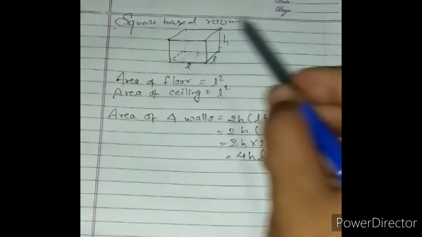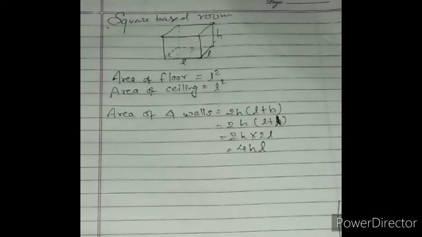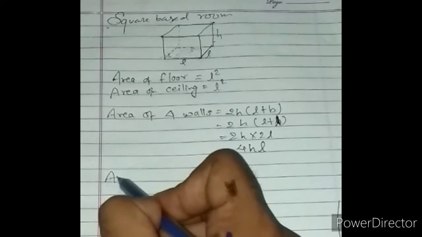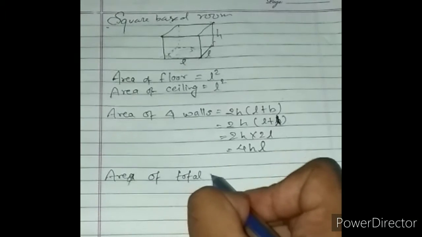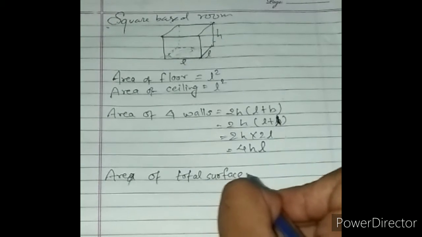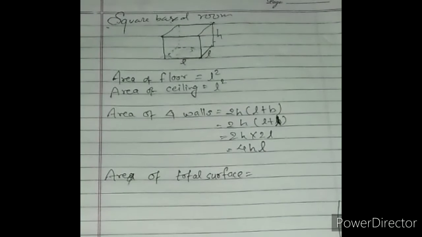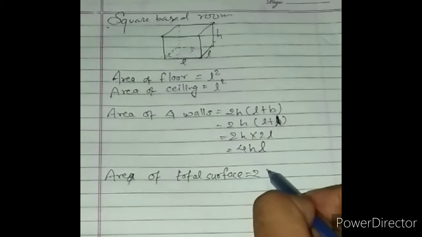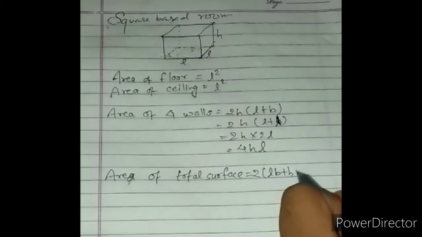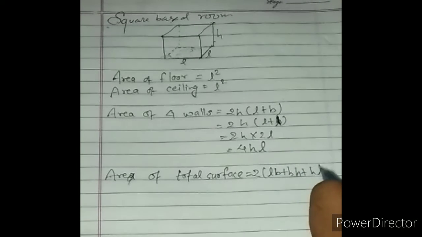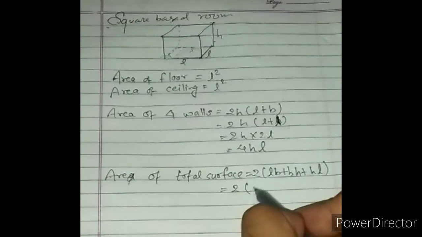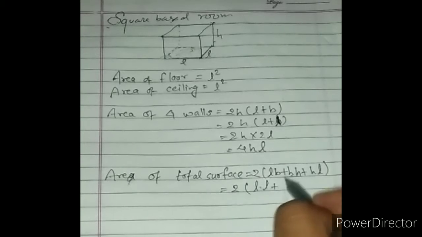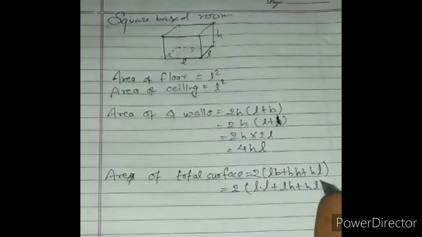In the rectangular base, similarly, area of total surface: what was the formula? For the rectangle, 2(LB plus BH plus HL). Now with L for B: L into L, B also L, and HL.